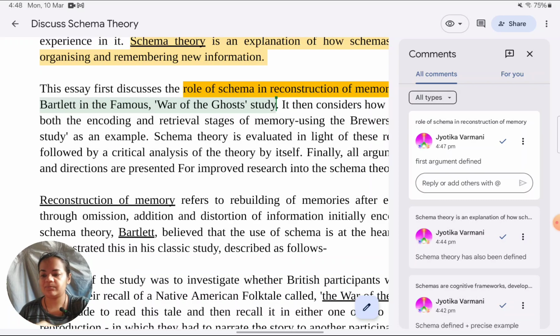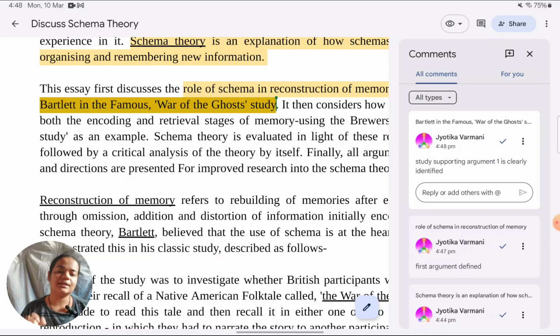Again, this is very helpful because it shows which study is supporting argument 1. Of course, you don't need to elaborate on these things. It's only the introduction after all, so you can't give everything right here. But the good thing is that everything is being outlined for the examiner.